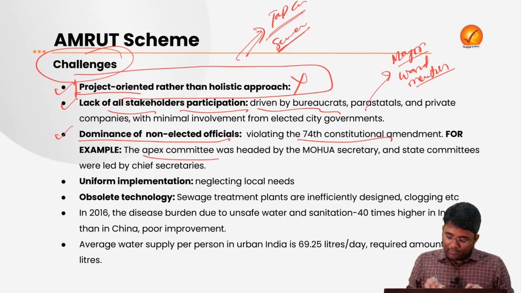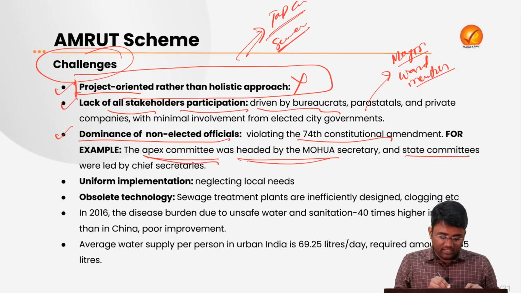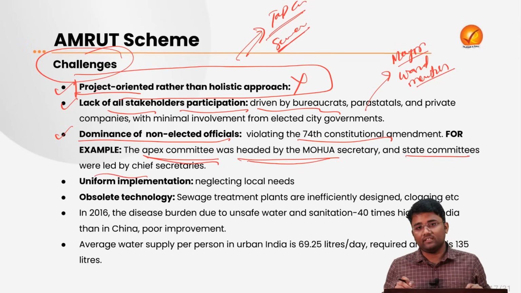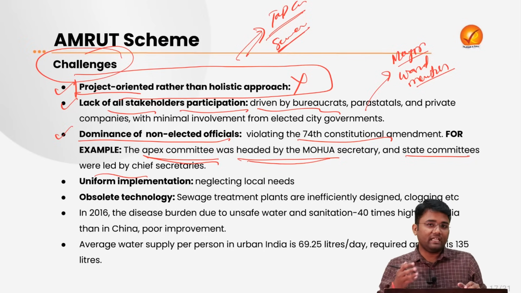For example, the apex committee is headed by the Secretary of the Ministry of Housing and Urban Affairs, and the state committees are led by the chief secretaries. There is no elected representative heading these apex committees at the center and state level. That also leads to the issue of lack of stakeholder management or lack of stakeholder involvement in the implementation of this scheme.